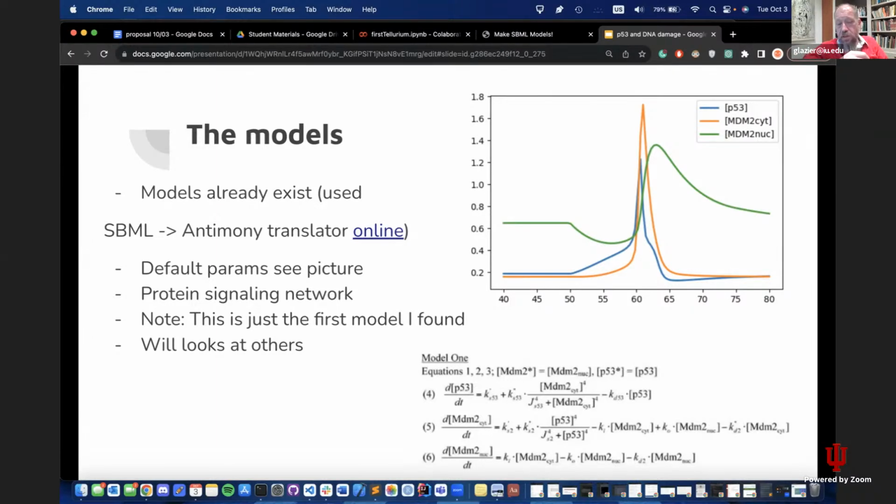And so those last two terms in equations 5 and 6 are taking the difference in concentration between the cytoplasm and the nucleus and saying if there's more chemical in the cytoplasm than the nucleus, there's flow of chemical from the cytoplasm to the nucleus. If there's more concentration in the nucleus than the cytoplasm, there's flow from the nucleus to the cytoplasm.